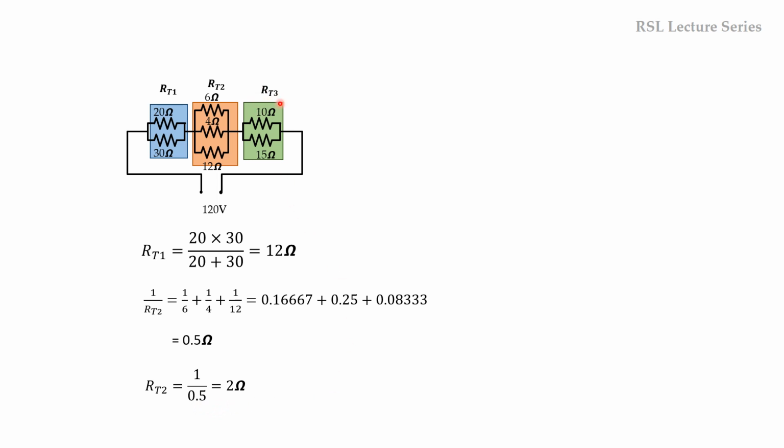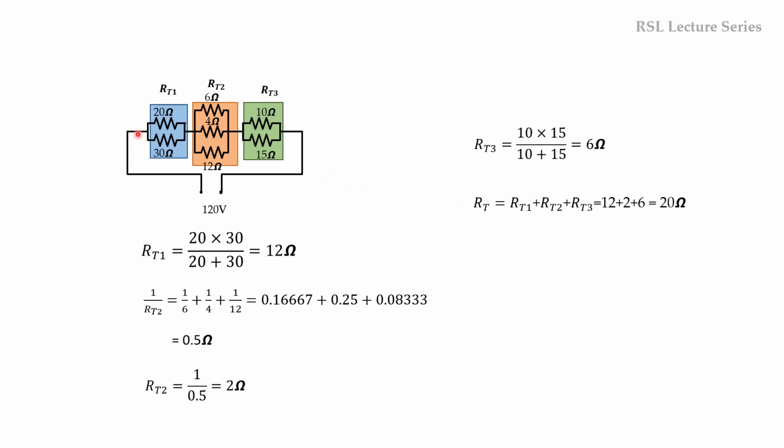Similarly, we have to find out the RT3 value. RT3 is nothing but the parallel combination of 10 and 15 ohm resistors. So RT3 can be written as 10 into 15 divided by 10 plus 15, that is equal to 6 ohms. Now the total resistance RT is given by RT1 plus RT2 plus RT3.